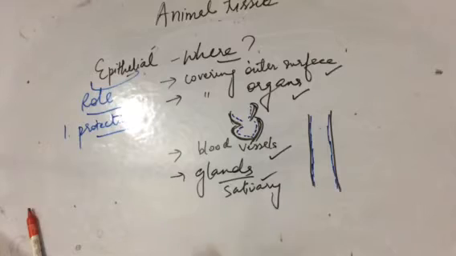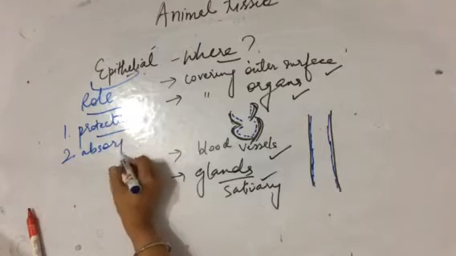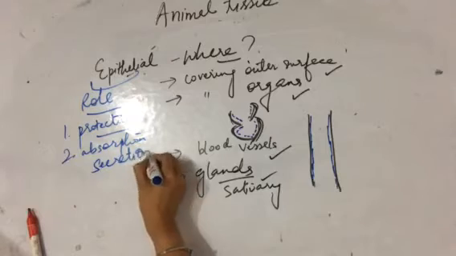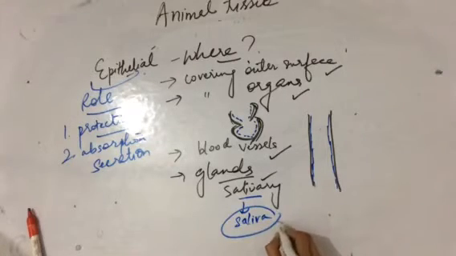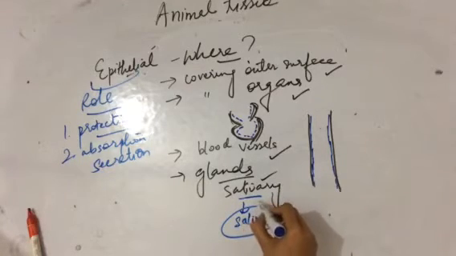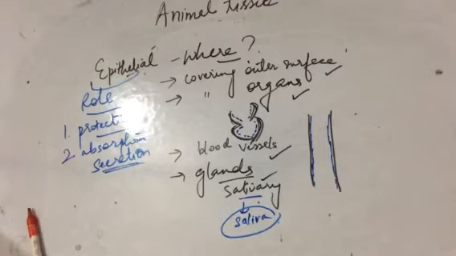Apart from this, it also helps in absorption and secretion. For example, salivary glands secrete saliva. So this saliva is a secretion. If epithelial tissue is present here, it is playing a role in secretion. And if it is present somewhere else, it is helping in absorption as well.